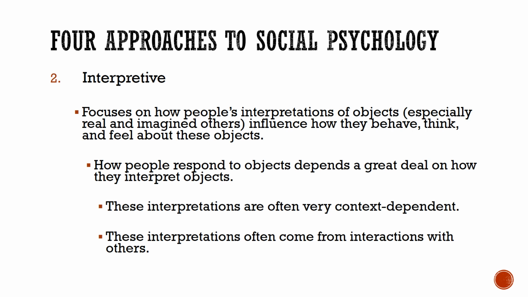Rather, people interpret all things in reality, social and otherwise, and use these interpretations to determine how they're going to act toward these objects. So, if one wants to understand how people behave and feel towards particular objects, the interpretive approach argues that one has to find out what people's interpretations of particular objects are.